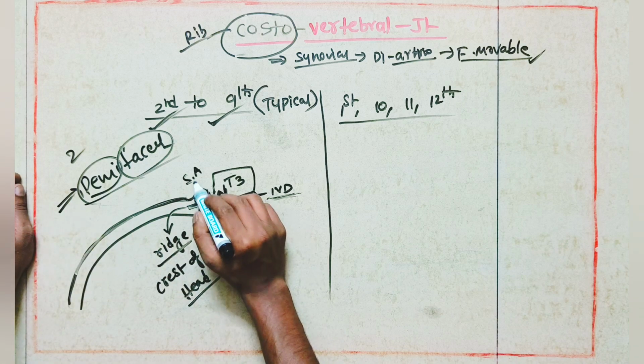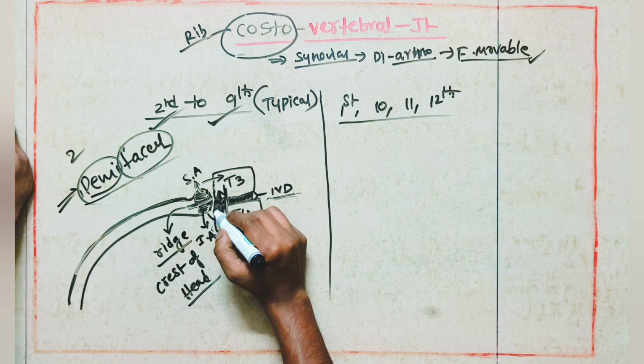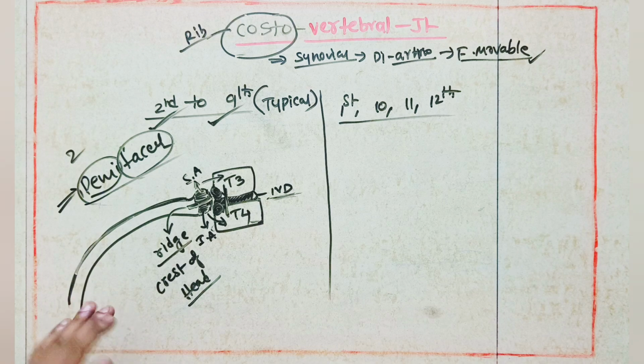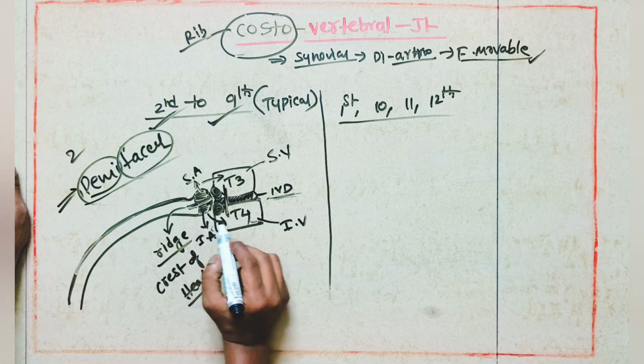The superior portion will articulate with the superior vertebra, and the inferior portion will articulate with the inferior vertebra. So in the body of the vertebrae, we have articulating faces for the rib. Suppose this is our superior vertebra, and this is the inferior vertebra.